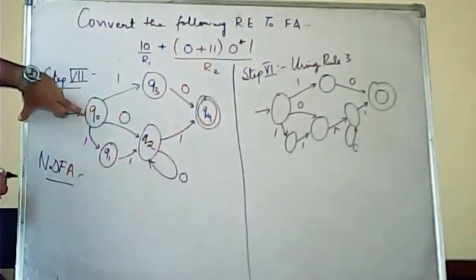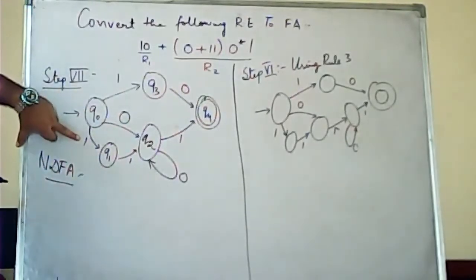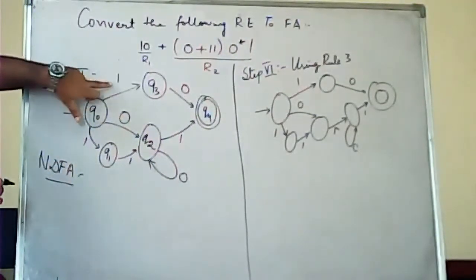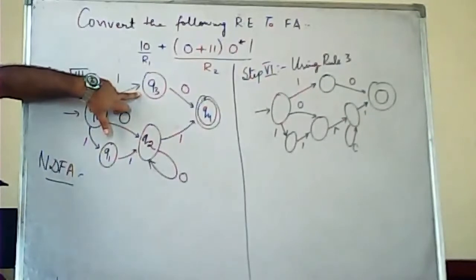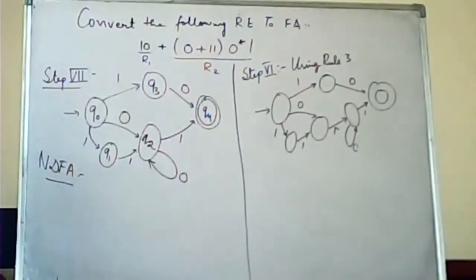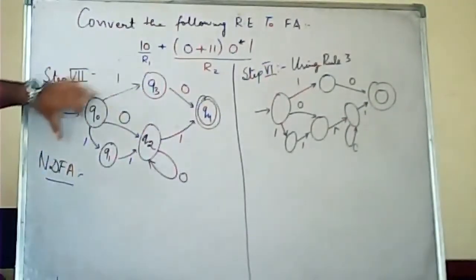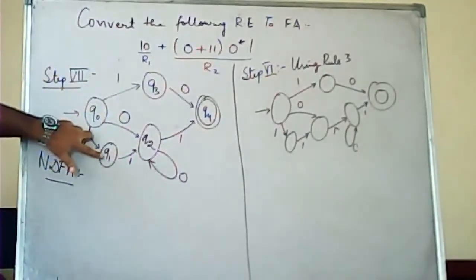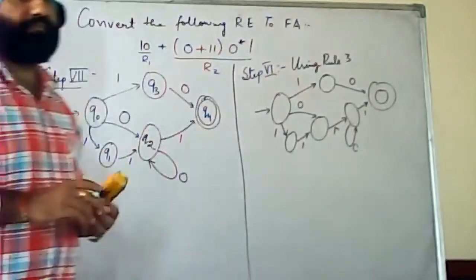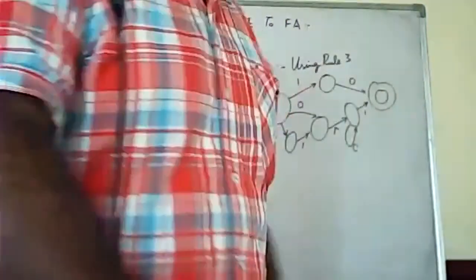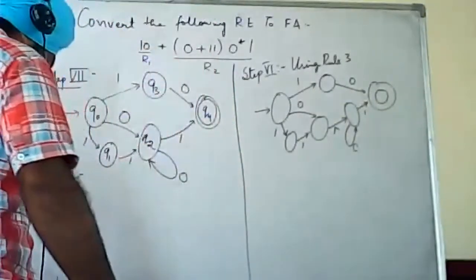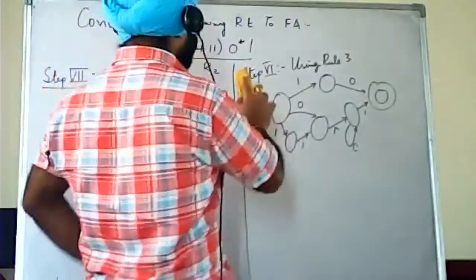How? Because Q0 upon the processing of 1 is going to Q1, and upon the processing of 1 it is going to Q3 as well. That is, upon a single input, Q0 is giving two outputs in the form of Q1 and Q3, right? So this is your NDFA.